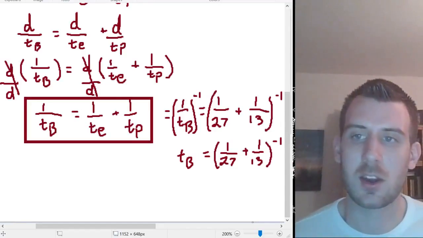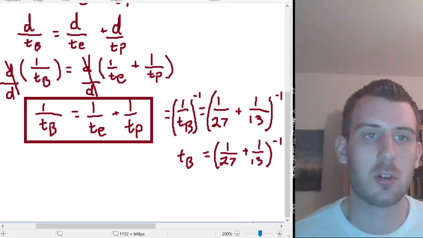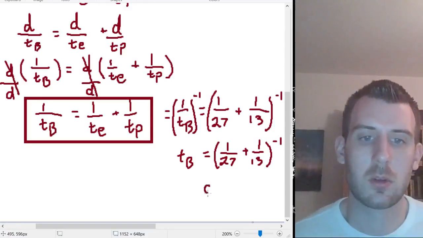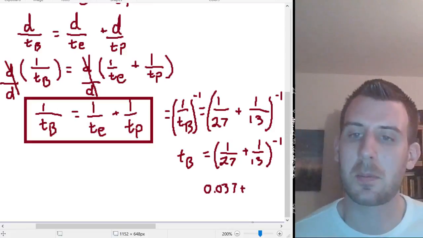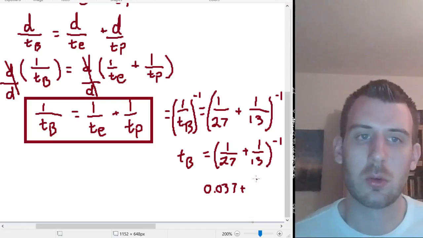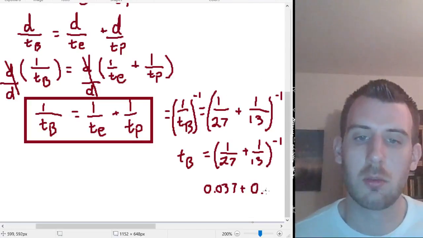So 1 divided by 27 is going to get me something along the lines of 0.03. 1 over 13 gets me 0.077.